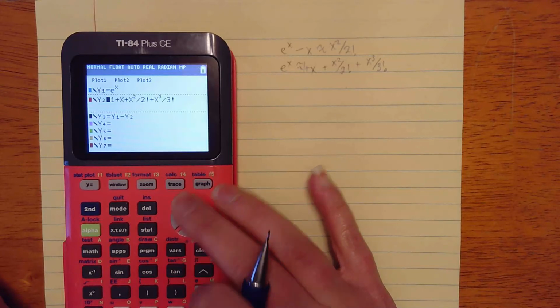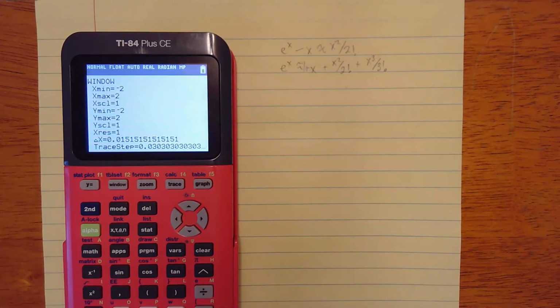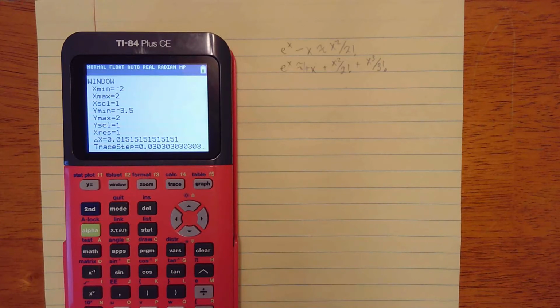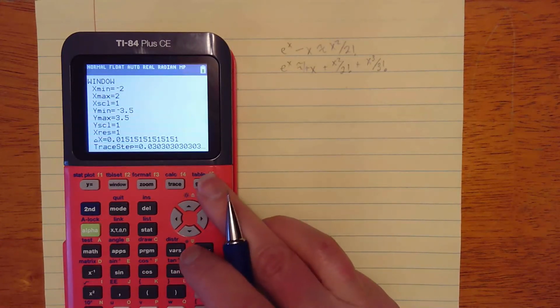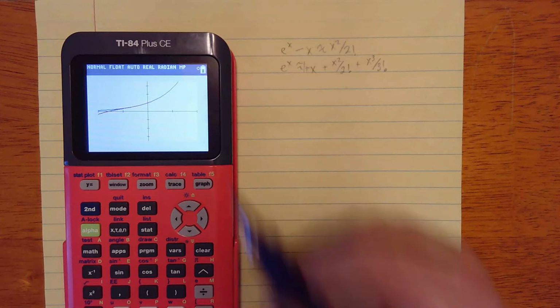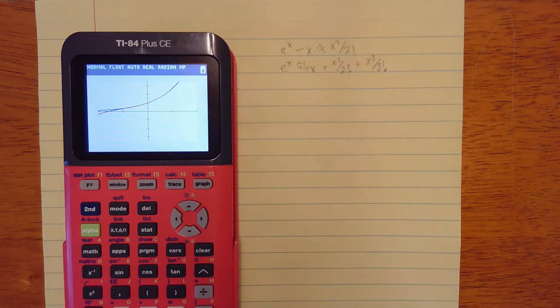I'm going to adjust my window a little bit because it looked like we needed to get our y values a little bit more than what I have here. Let's do negative 3.5 to 3.5. So that's y equals e to the x. And here you see the approximation. Hey, that's looking like a pretty good approximation.